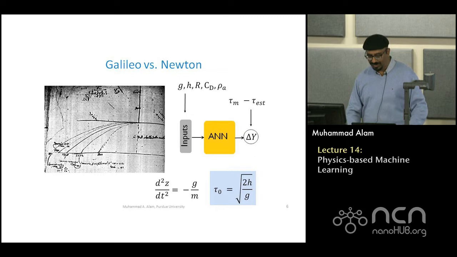This is an acceleration, mass times the acceleration is related to the force, and so therefore you can calculate the time needed. If h is this thing, and g is the gravitational constant, then you can essentially calculate how long it's going to take and how far it's going to travel, and so on and so forth. That's something you learn in high school.